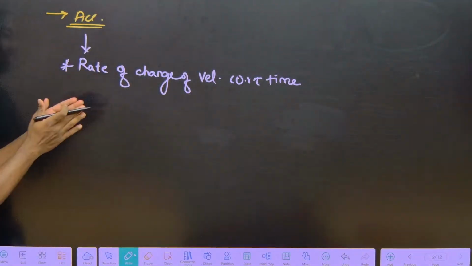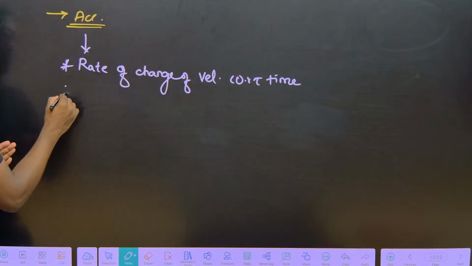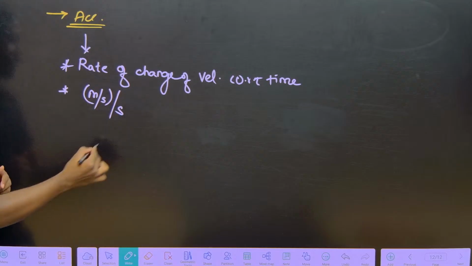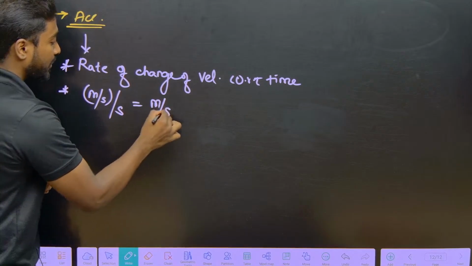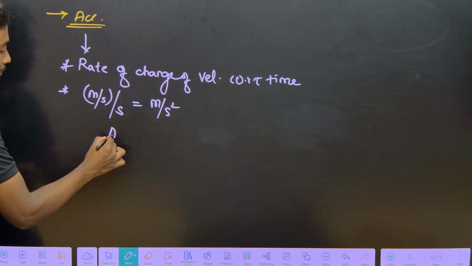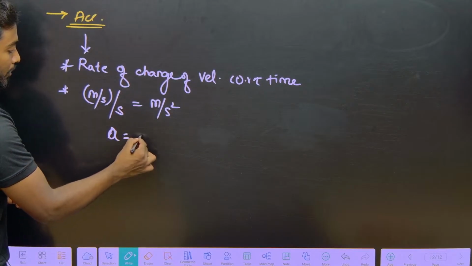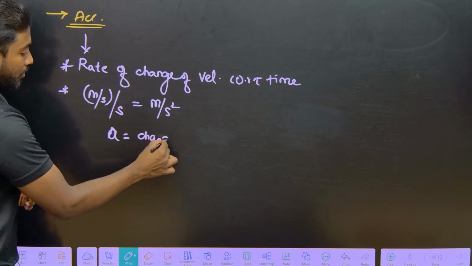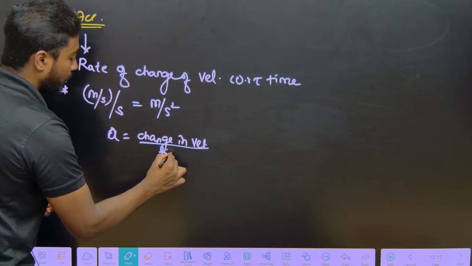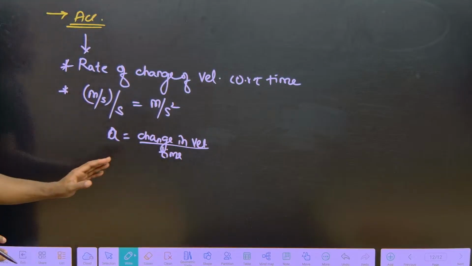It is change in velocity by time, so meter per second divided by time, which is nothing but meters per second square. This is the unit. So acceleration is a equals change in velocity by time.